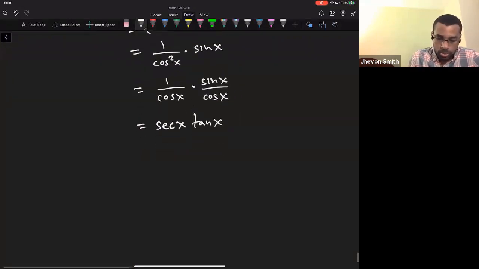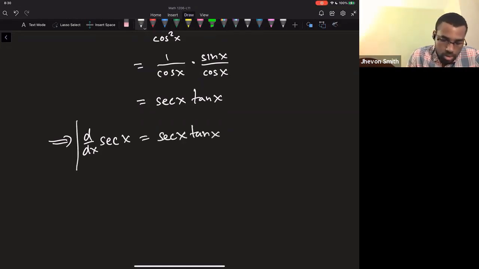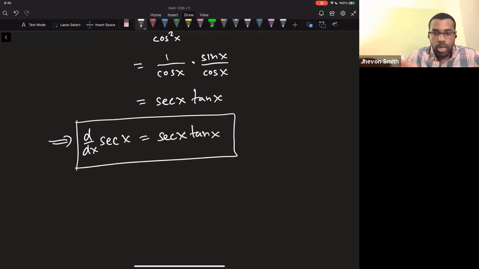And so we get another rule. The derivative of secant is secant tangent. And this is just something we know now.